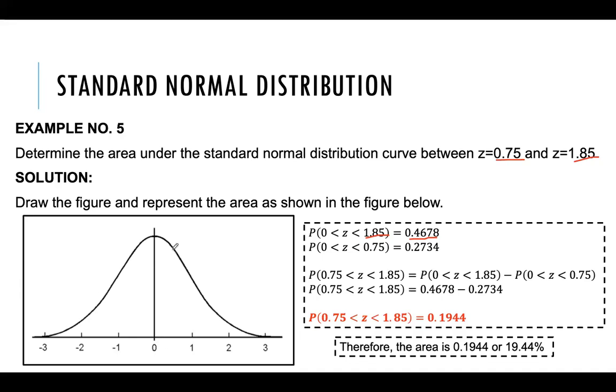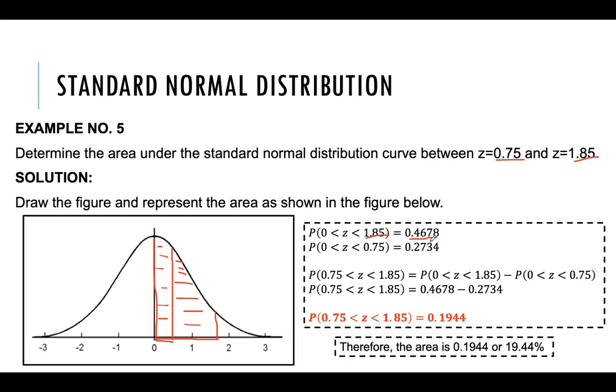Okay, so eto class. Yung dalawa kasi pinaplot dito. Let's say 0 tapos yung 0.75, yung area between on that. Tapos the area from the 0 up to 1.85 dito. Okay, so ipagma-minus natin, kasi ang kailangang malaman is yung area between these two z values.